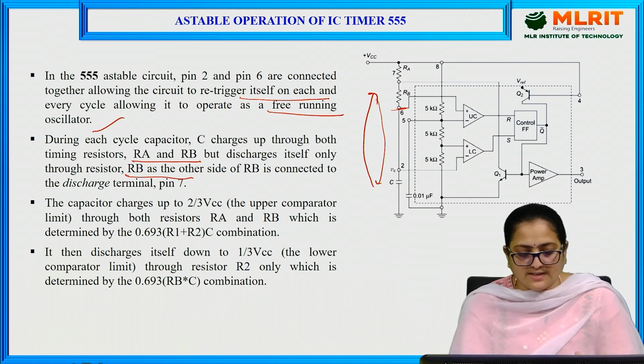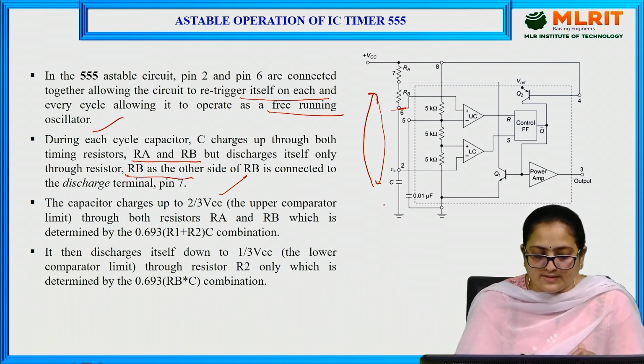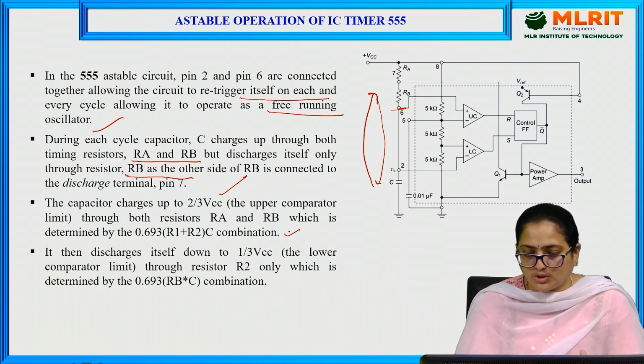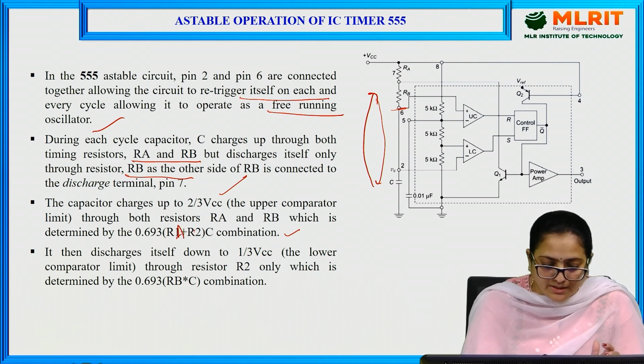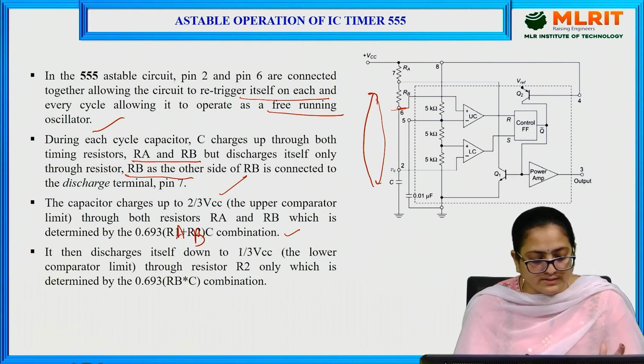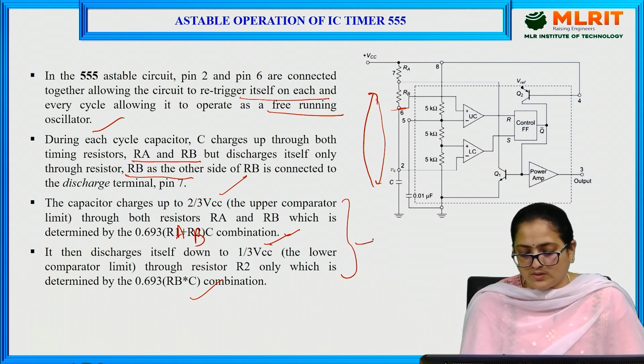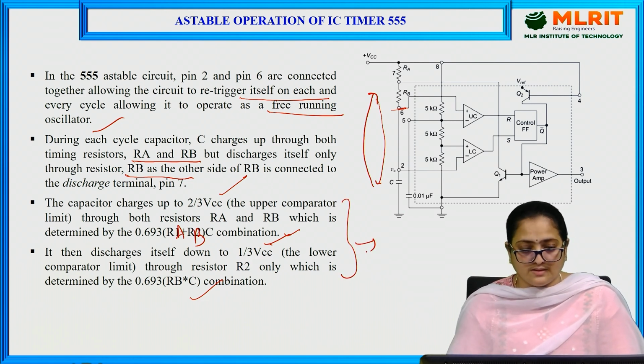The capacitor charges up to 2/3 VCC through both resistors RA and RB, which is determined as 0.693 (RA plus RB) into C, and we will see how this timing analysis has been done. And when it is discharging, it is given as 0.693 RB into C. These two equations we will see in the next slides.